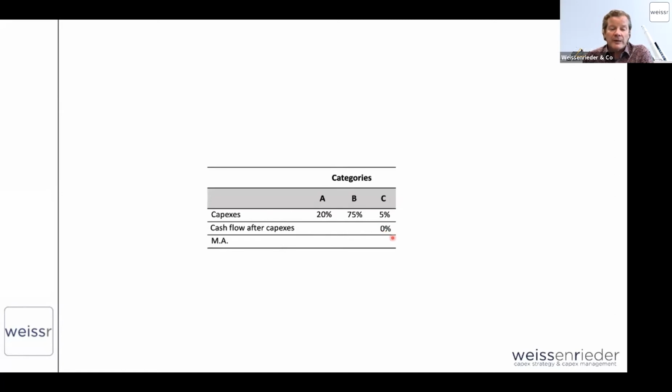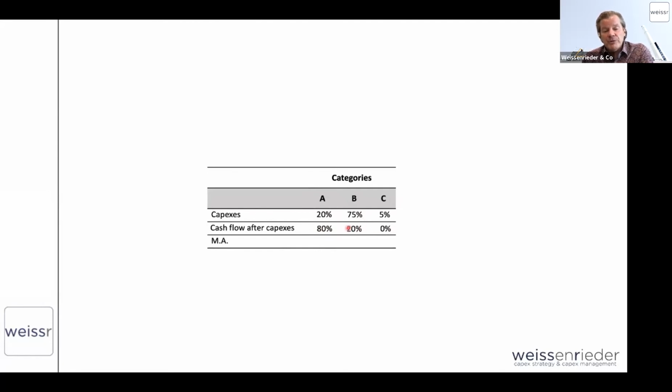Then we are really lucky. The A category, 50% of your capacity, consuming 20% of the Capex, high EBITDA margins compared to the rest, will provide you with something like 80%. And the B category, after having consumed 75% of the Capex, will then produce something like 20%.